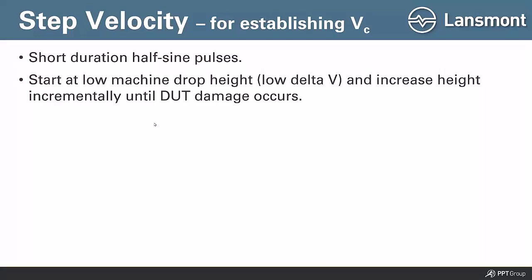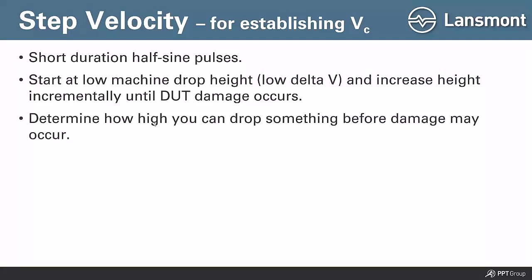So we start at a very low height, and then we slowly increment the height up, up, up until we get damage to whatever it is that we're testing, product or component, looking at the critical element. This type of testing determines how high you can drop something before damage may occur.